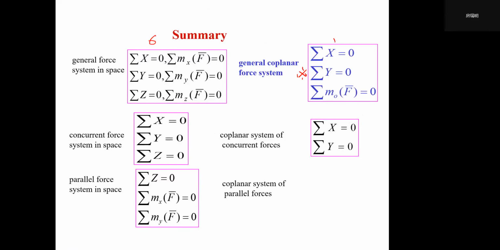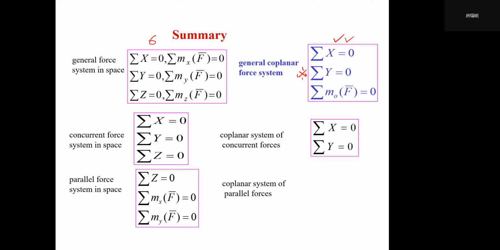This is very important. We should remember that. That is sigma x equals 0, sigma y equals 0, and for an arbitrary point selected, the moment sum of all the forces in the system about this point O will also be 0. Right? So this is very important.